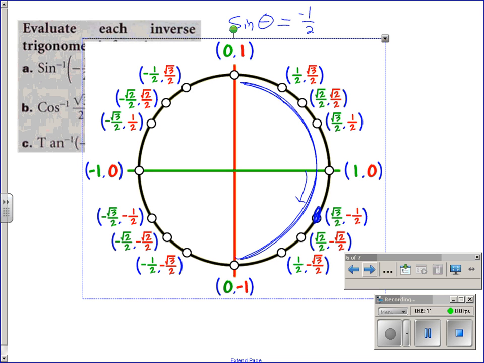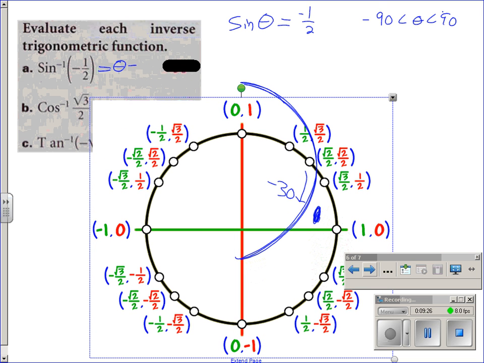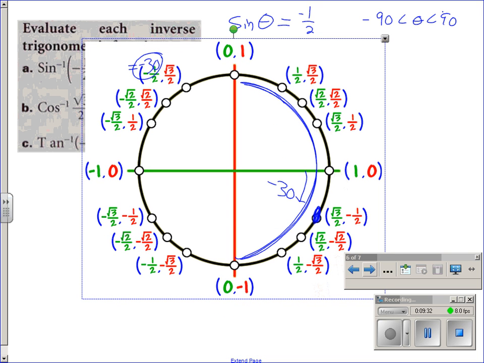You'll see that on your unit circle. This is 330 degrees, but again, we're dealing between negative 90 and positive 90. So that's a negative 30 degree angle. So that means our answer is negative 30 degrees. That's our answer for that problem, negative 30 degrees.